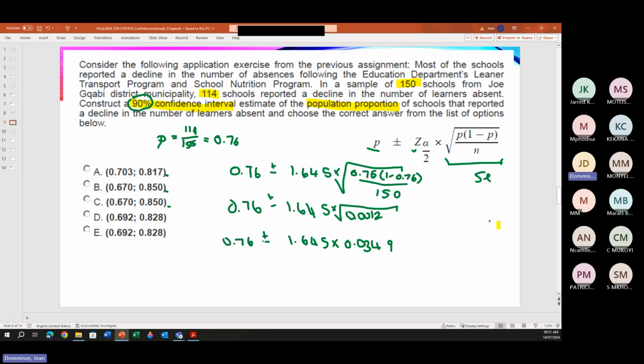Okay, cool. So 0.0349 times 1.645 is very small. I hope this works. It is 0.0574.